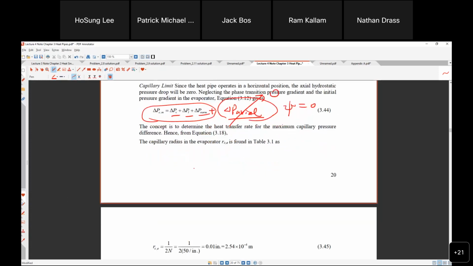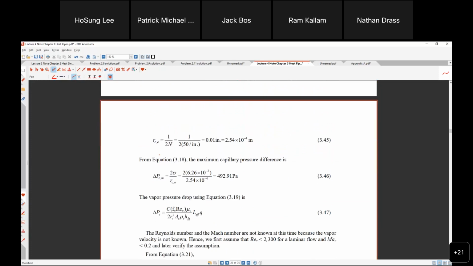Now we just follow the capillary radius, because the number per meter, the number of actually the cavity per meter, that cavity is a radius or diameter, possibly.